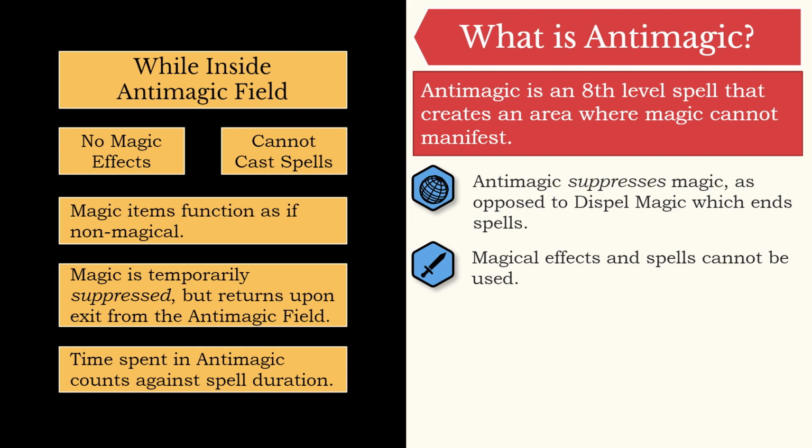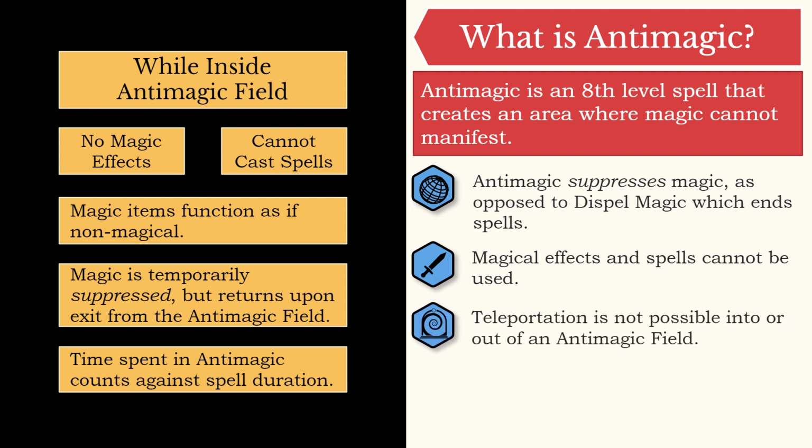If she casts it outside of the anti-magic field and then enters the field and stays there for more than an hour, and then steps back out of the field, her invisibility spell will not manifest itself again because the duration for that spell has already ended. The time spent inside the anti-magic field continues to count against the effect's duration, even though the wizard was receiving no benefits from the spell.